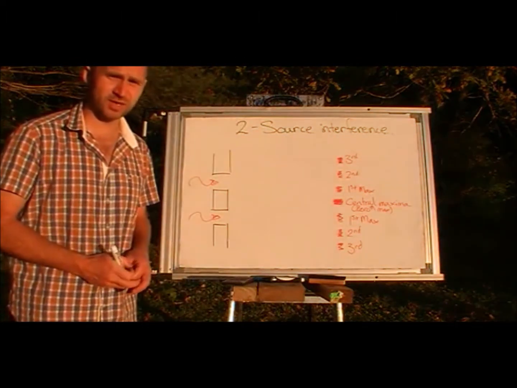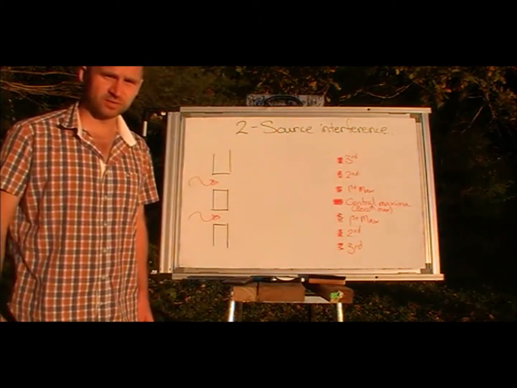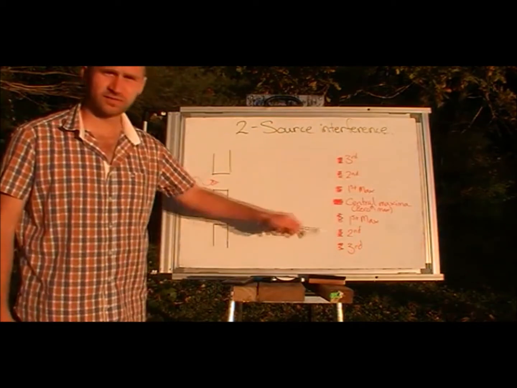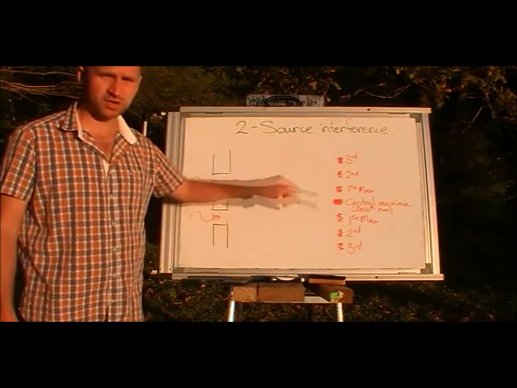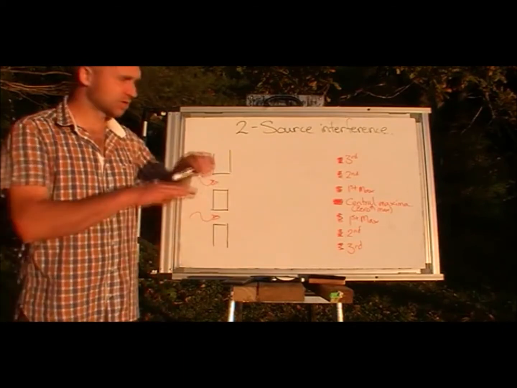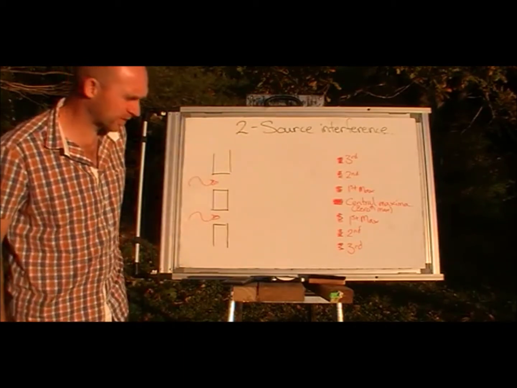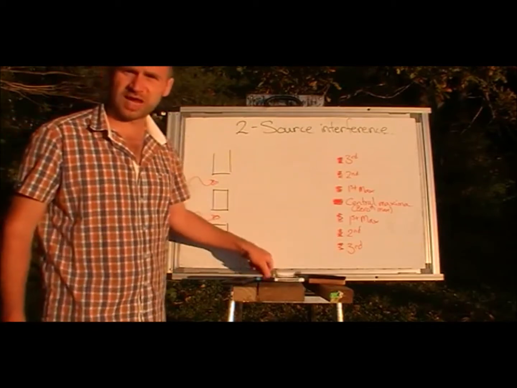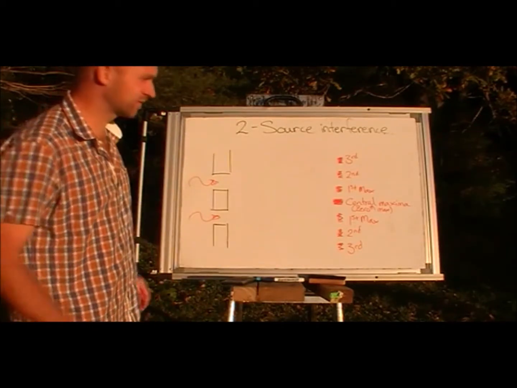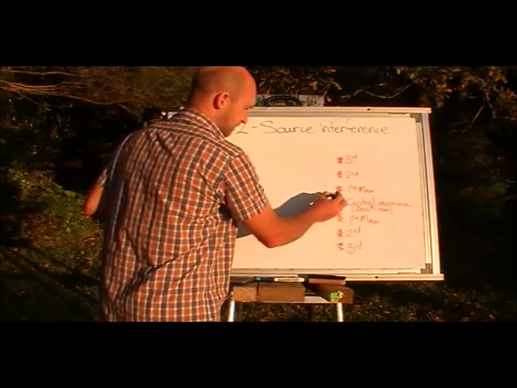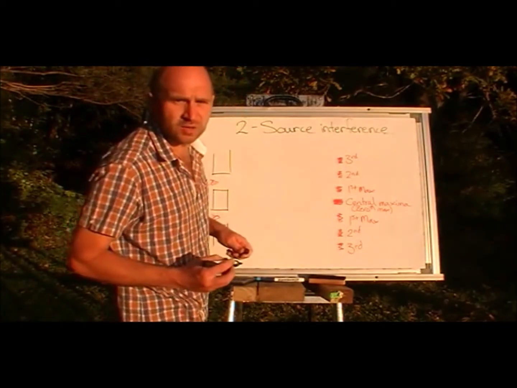We've got our zeroth maxima in the middle, and then on each side of it, the first maxima, then the second maxima, and the third maxima, and so on. It's not necessarily stopping there. But then in between, what's happening in between? Those are points of destructive interference. Minima, we call them.